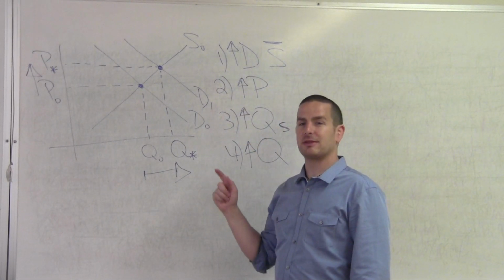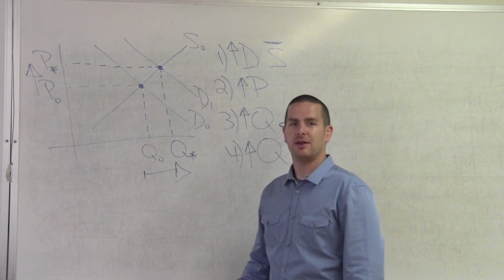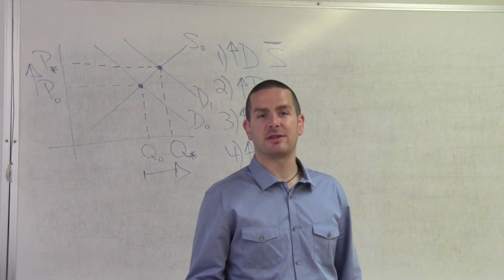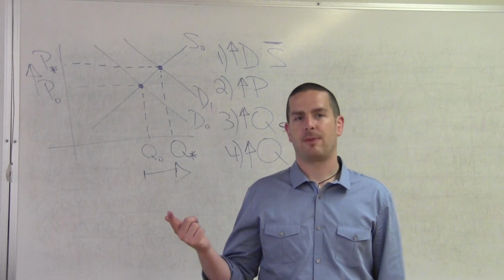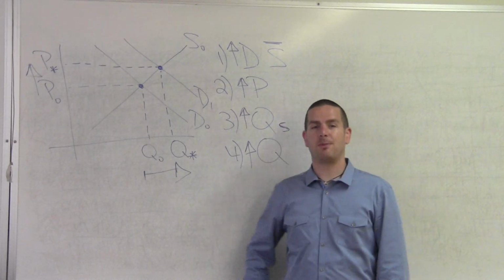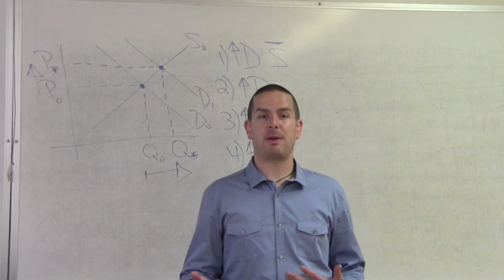Once that happens, that's going to push up prices. That will increase prices. When prices increase, the law of supply tells us that if the price goes up, the quantity supplied will go up. And finally, the overall quantity of economic output will increase as well. Okay? That's how you could write it in a paragraph.